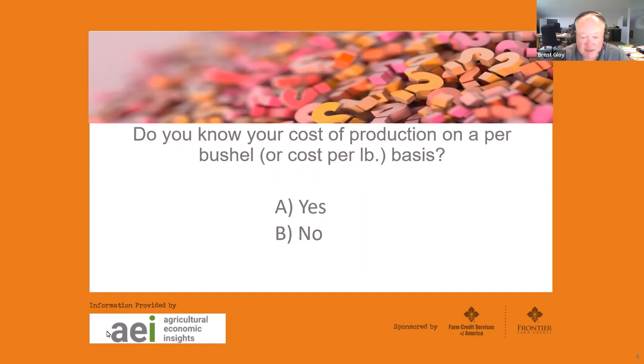Normally this time of year, I can get a pretty good estimate of my production. This year, I think that range is pretty wide. So hopefully by the end of this, we'll all see some motivation to really understand that cost per unit of output.